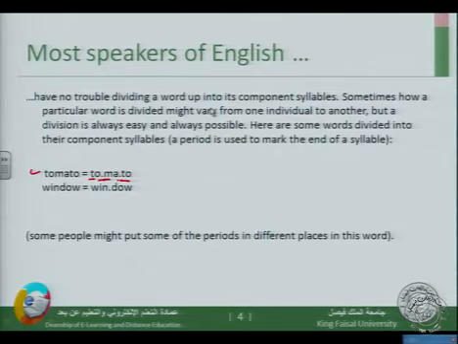So you divide the words according to their pronunciation, not according to their spelling. So, tomato. Okay, window, window. This is what we mean in practice by syllables.